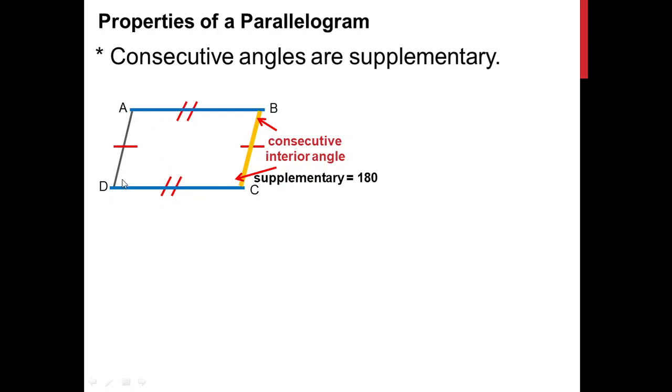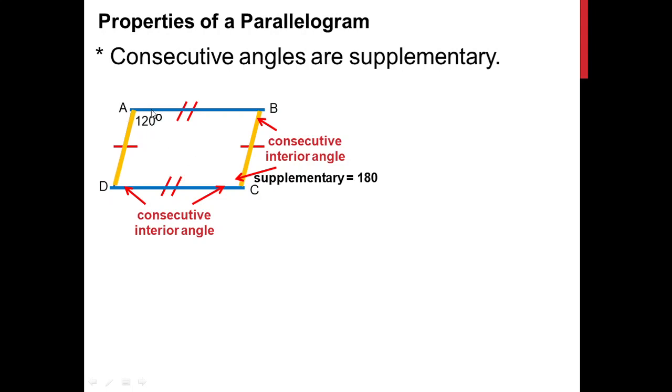So as this line here or angle here, if line AB is parallel to line DC and being cut with a transversal, meaning angle D and angle C are also consecutive angles. Therefore, they are also supplementary angles, which equate to 180.